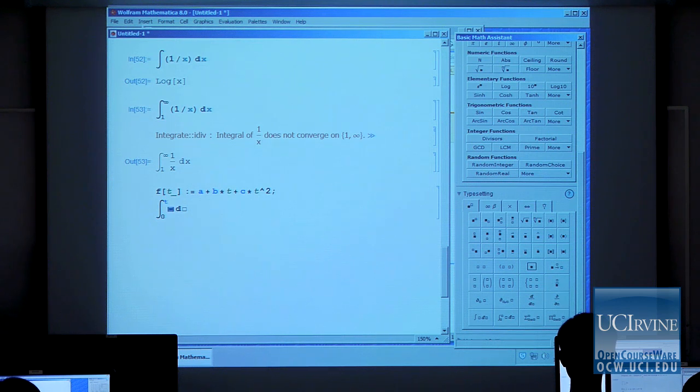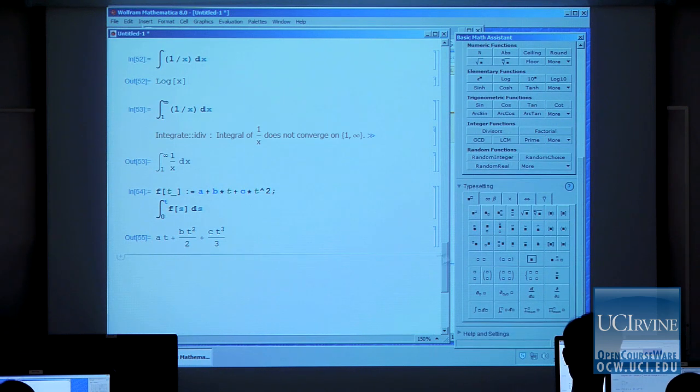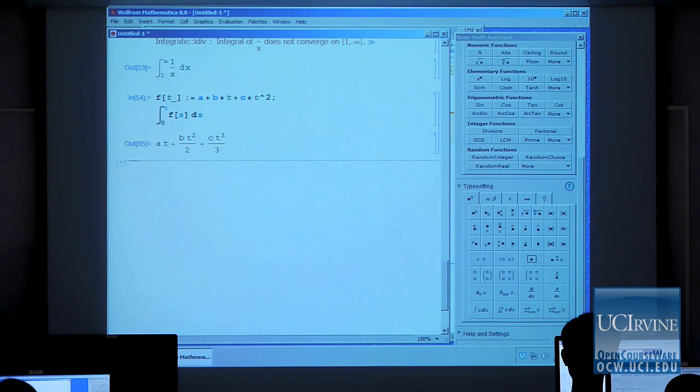And now I introduce my function, f, but I put in a dummy variable. All right, so you do that, then you get a nice expression that has t in the result, where t might be equal to time, say. Okay, so that's something you can do.